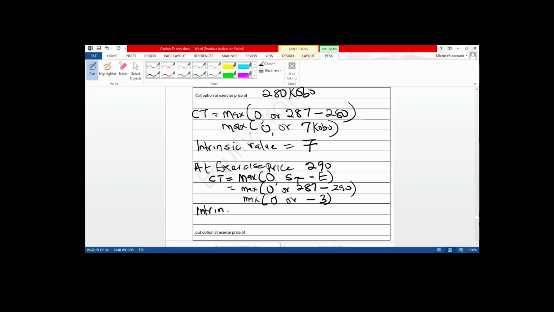Intrinsic value is 0. You cannot pick negative. Negative implies that the option is out of the money. The minimum that can happen is 0 for your intrinsic value.